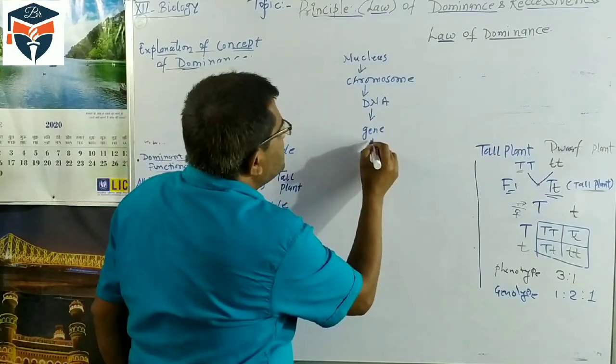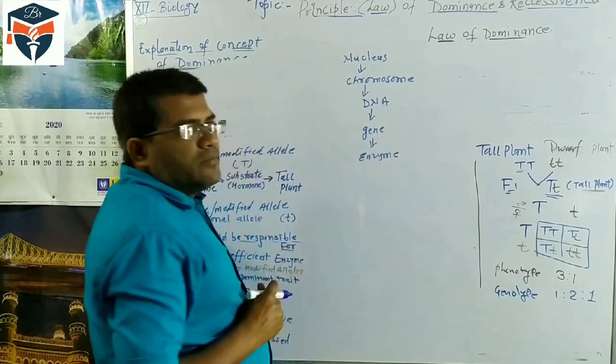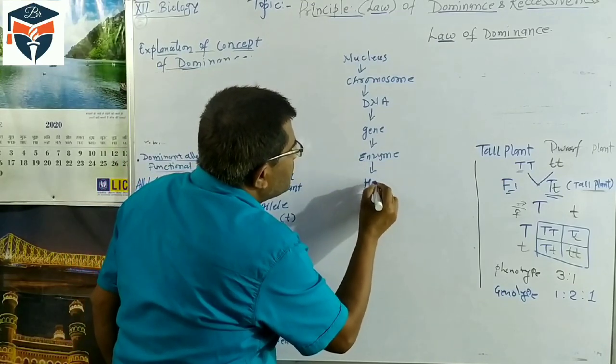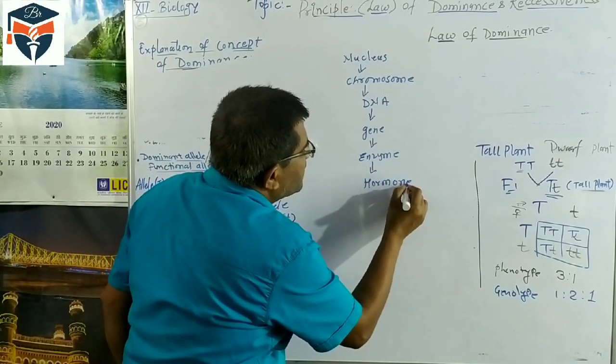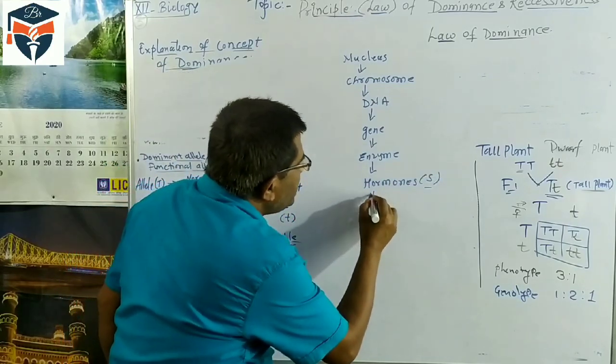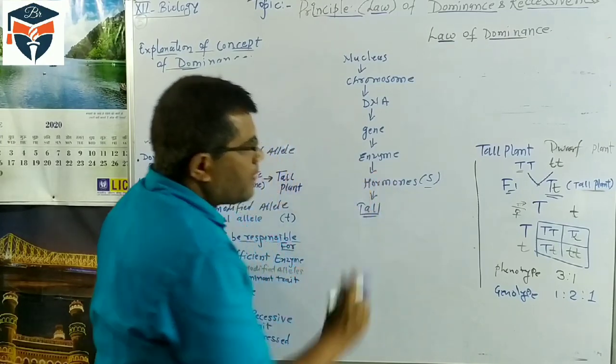Now, this gene synthesizes an enzyme. This enzyme activates the formation of a substance which we call hormones, and due to the hormones the plant becomes tall.